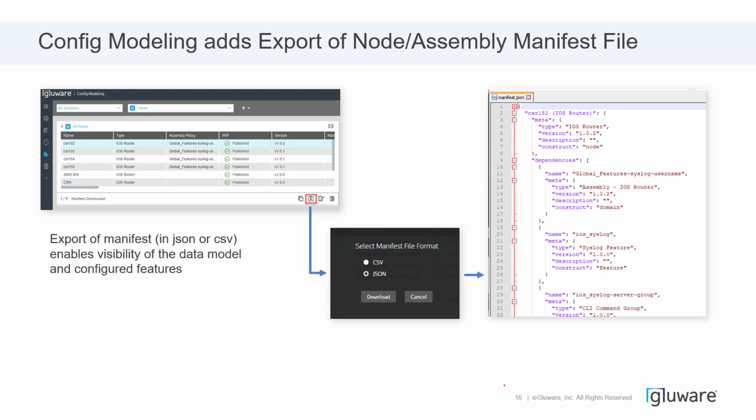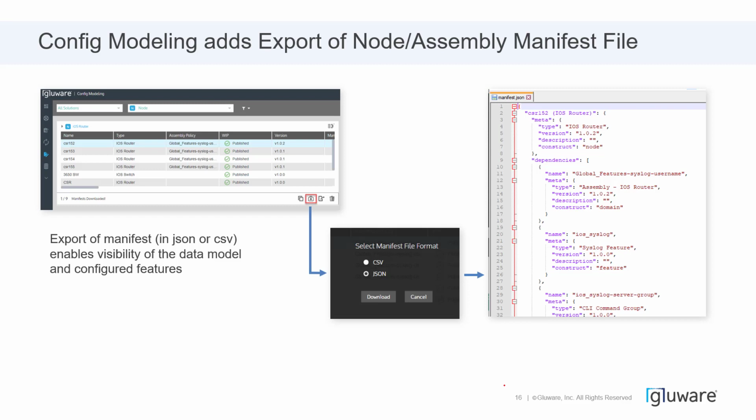Another interesting progression in Gluware is that Gluware is enabling you to move towards infrastructure as code. However, when you're using Gluware, the apps, we want to make it a no-code type of experience. So with Gluware, you don't necessarily have to learn the modeling and look at what the JSON looks like when we're modeling features and configurations.